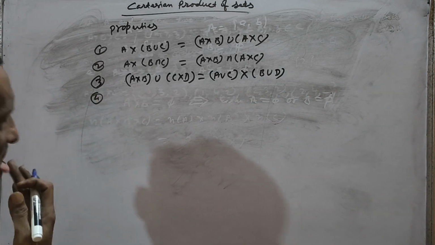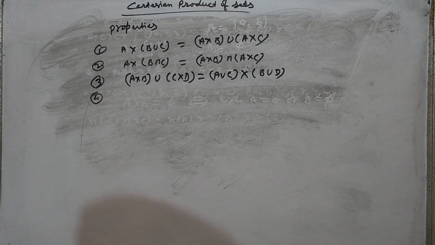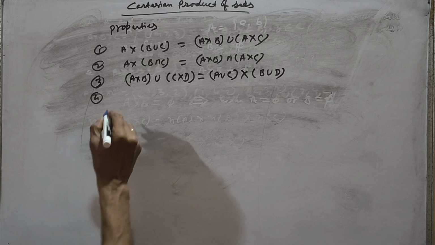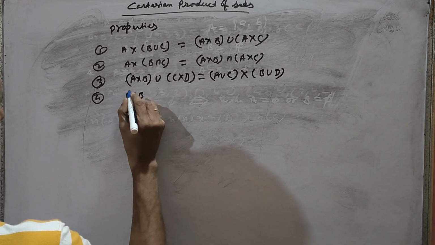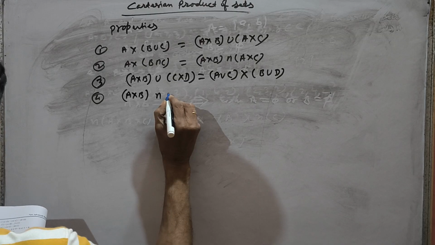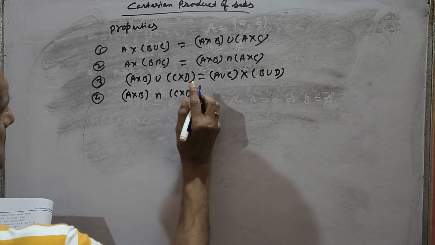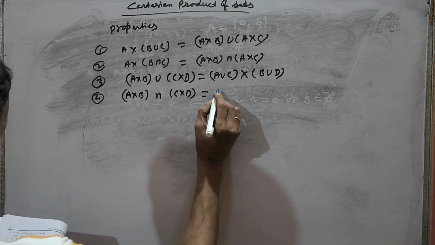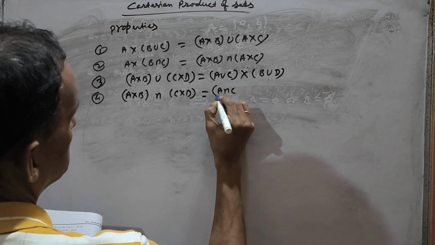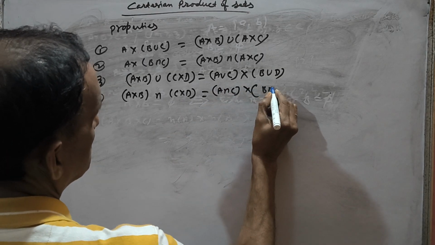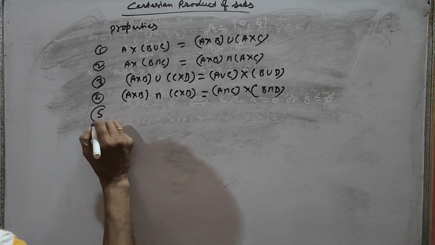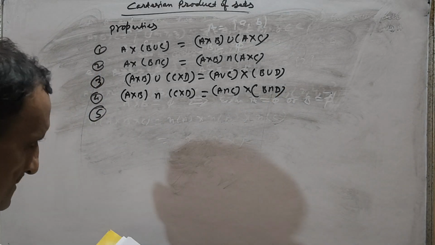Then number 4, we have (A cross B) intersection (C cross D), almost similar only, is equal to (A intersection C) cross (B intersection D). Some more properties are there.